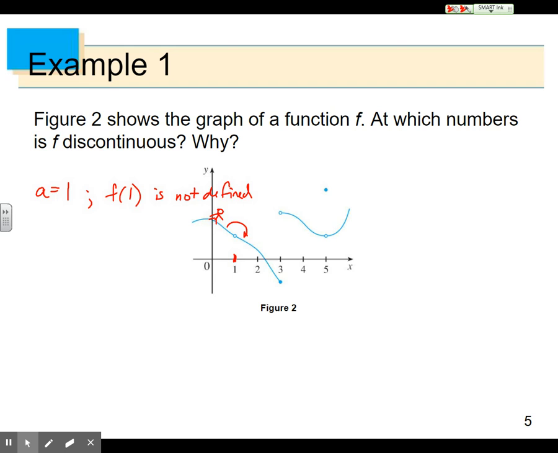There's a little hole right there where he just had to jump over. The left-hand limit and the right-hand limit look good. They're both coming into this unique number right here. But there is no f of 1.